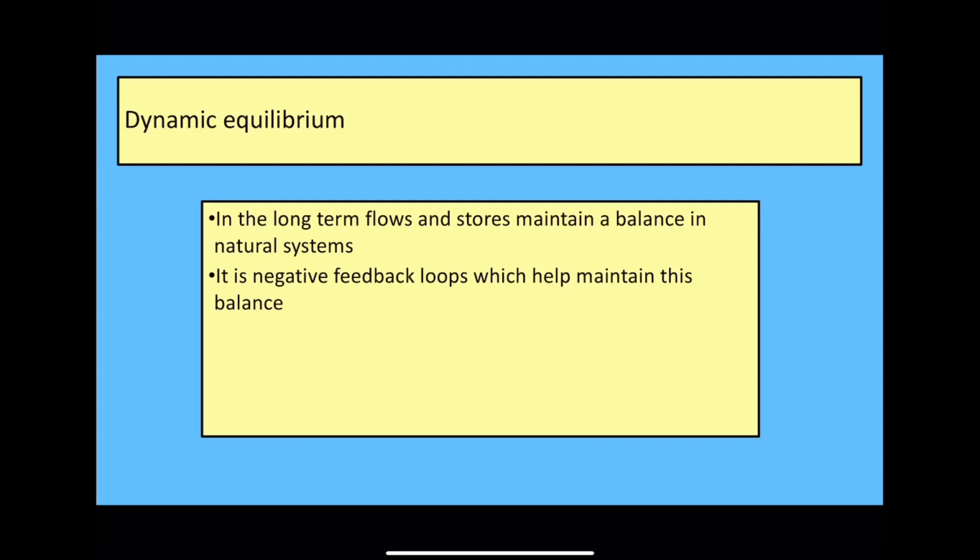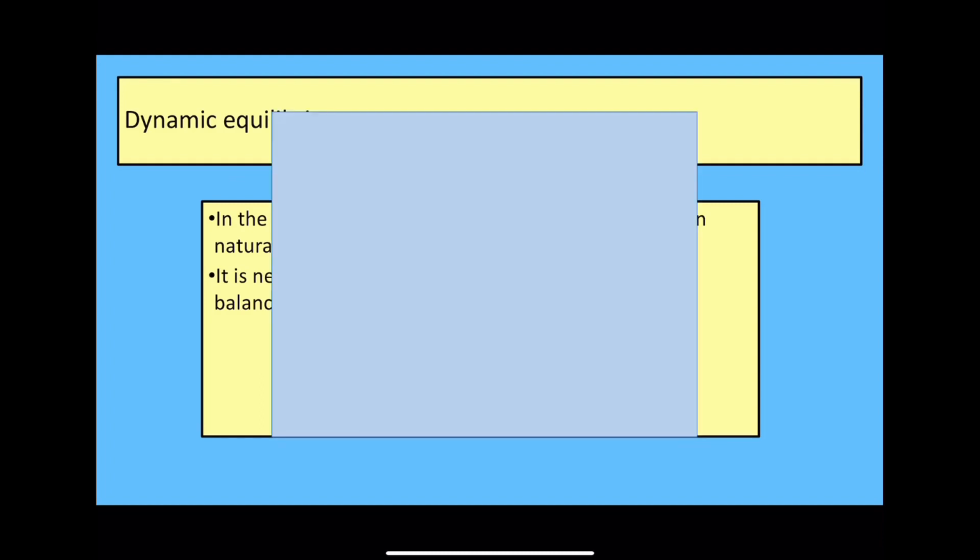So as it says, negative feedback loop maintains balance within the system, and dynamic equilibrium is that balance. It's that thing staying broadly the same. This is discussed on page 120 in the textbook if you want a look. So in the drainage basin, if we get very heavy rainfall, we will get an increase in water in the aquifers.